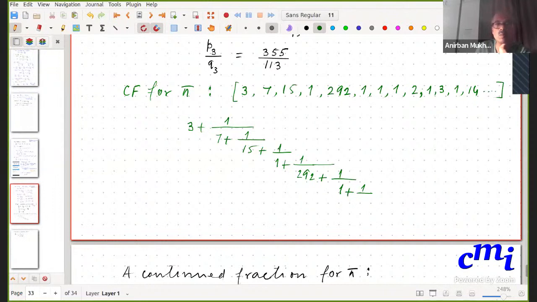It is always 1 in the numerators. All these consecutive numerators are going to be 1.